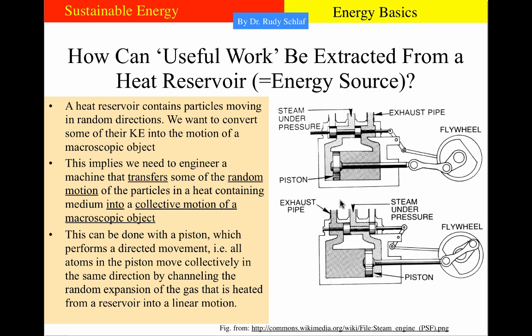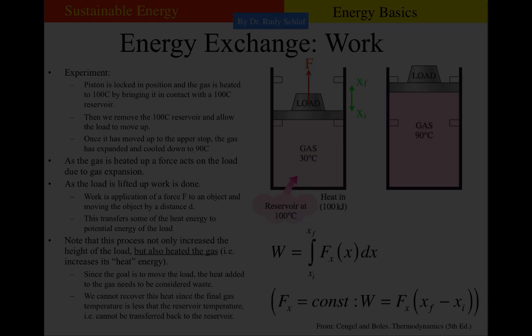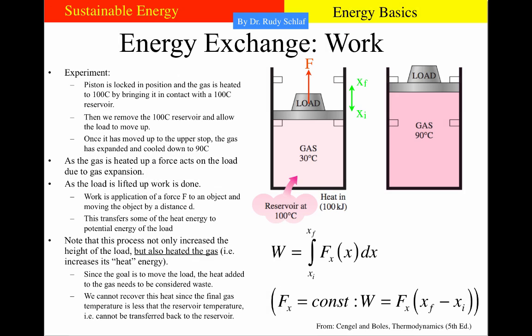The achievement here is that the chaotic random motion of the gas under pressure is being channeled into the movement of this piston to the left or to the right. So we transfer energy from the heat in this gas to kinetic energy in this flywheel. Let's examine what happens with respect to energy transfer in such a piston-based system.